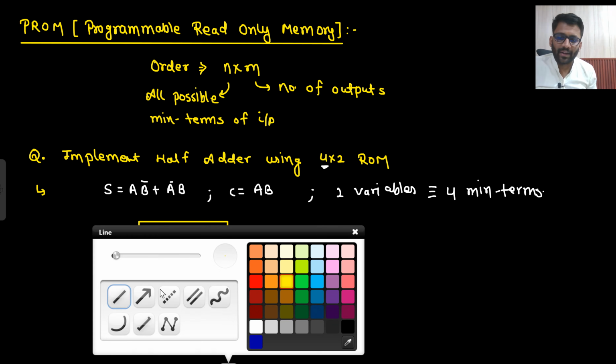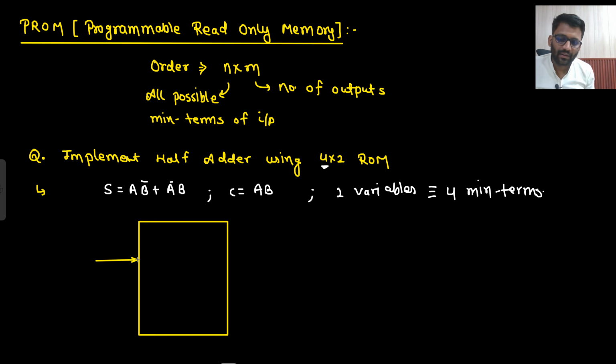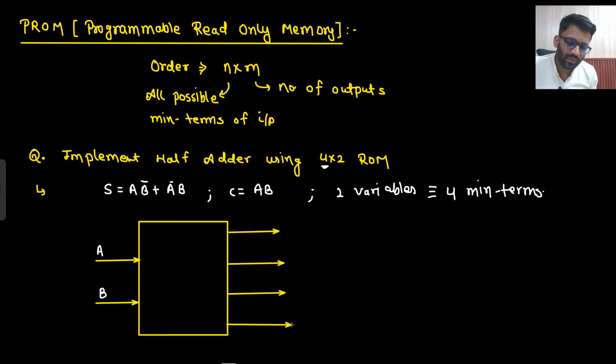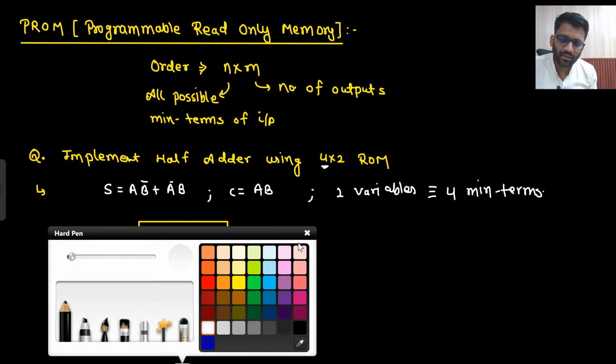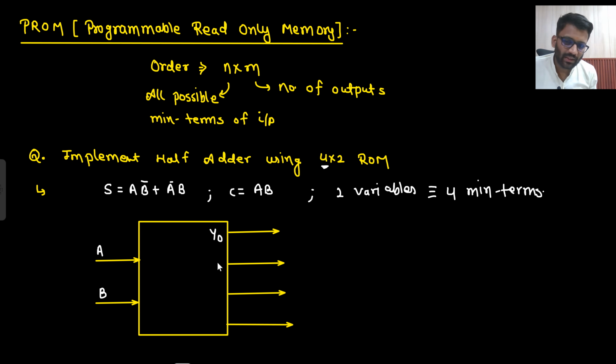Let's say I apply 2 variables A and B, and I am asking them to generate 4 minterms, M0, M1, M2, M3. So will it be able to generate? Yes.